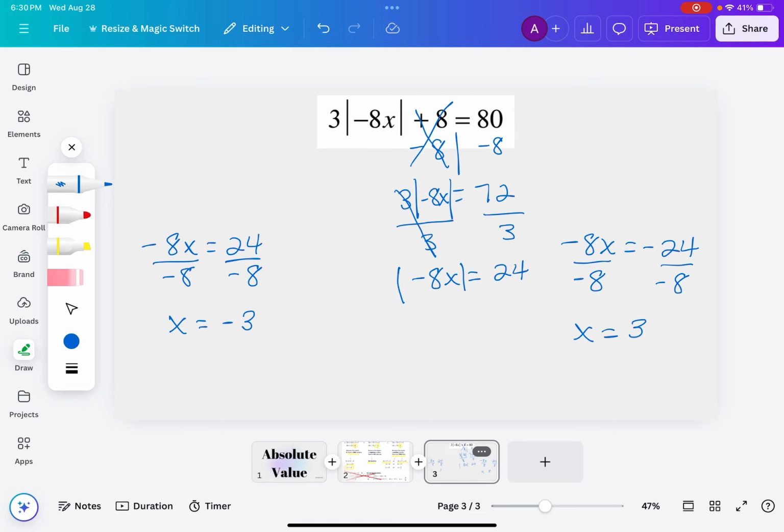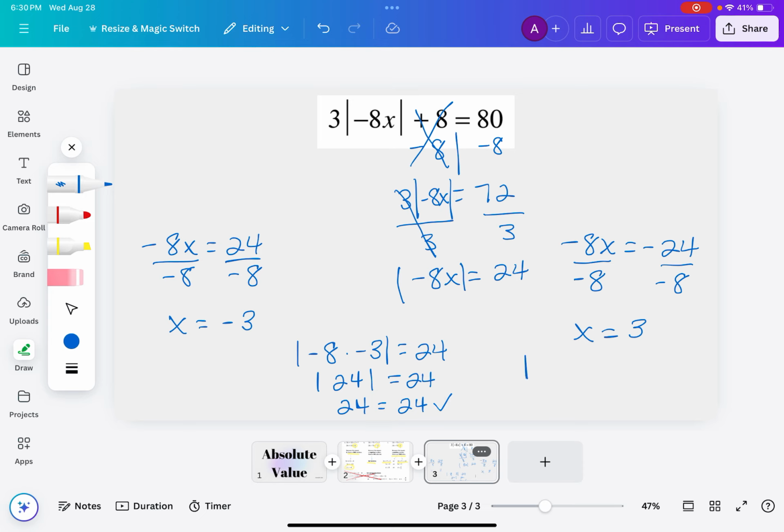So I'm going to have absolute value negative 8 times negative 3. Absolute value equals 24. And if I do this, negative 8 times negative 3 is 24. And then the absolute value of 24 is 24. So I ended up with a true statement. So that one is true.